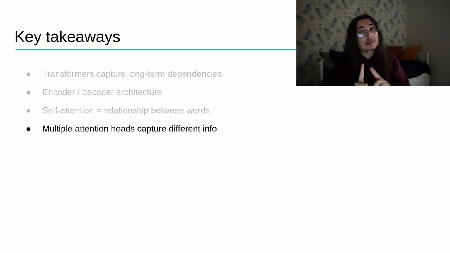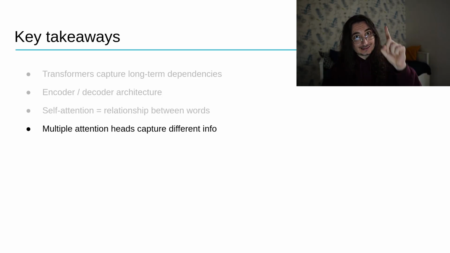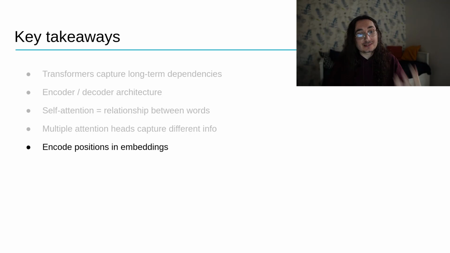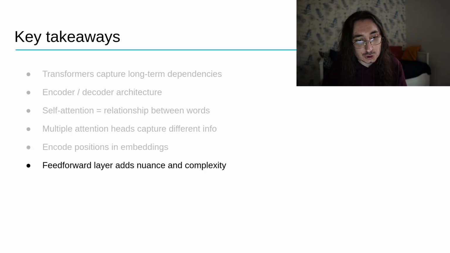We don't use for each encoder block a single attention mechanism, but rather we use multiple attention heads with the hope that they may capture different types of information, different perspectives on the same sequence. We do encode positions in the embeddings through the positional encoding strategy that utilizes this sinusoidal approach.